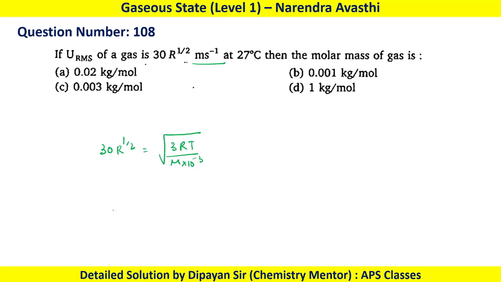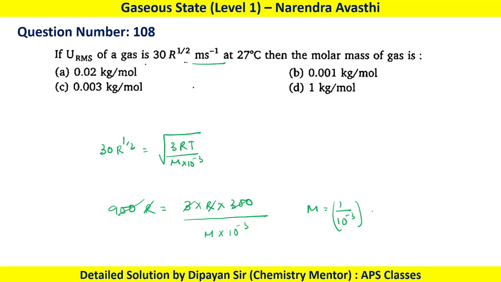So if we square both sides, it will become 900 R equals 3 into R into 300 divided by M. So these 3 cancel with each other, 900 cancel with each other, so M will become 1 by 10 to the power minus 3. So this is nothing but 10 to the power 3 gram, or 1 kg per mole. Hence option D will be the correct option.